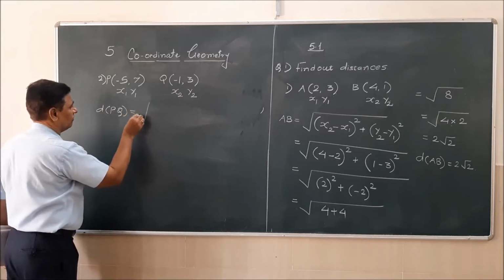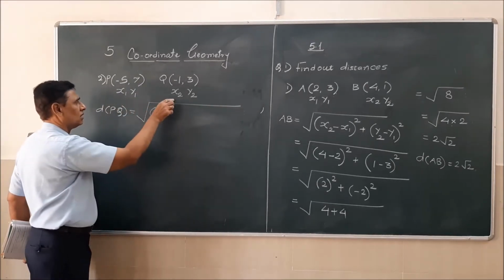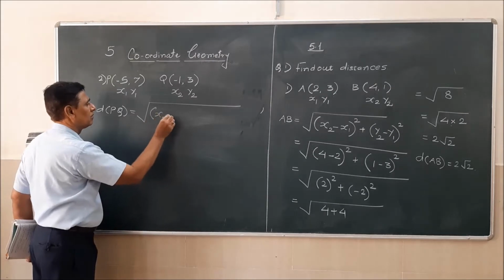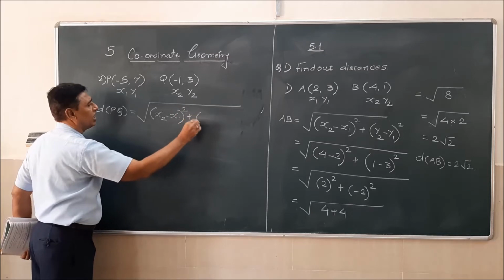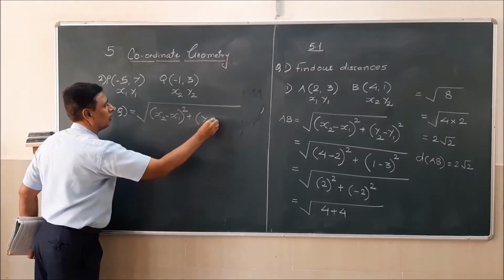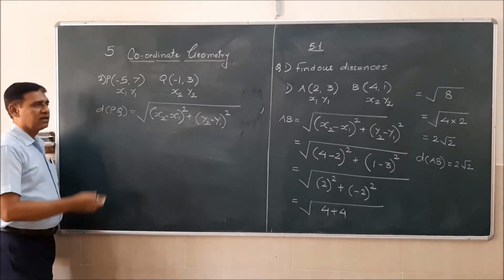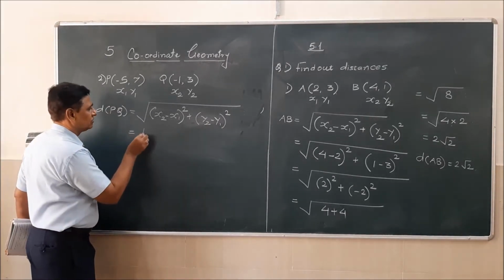square root of (x2 minus x1) the whole square plus (y2 minus y1) the whole square. Here I have written the formula first, then substituting the values.